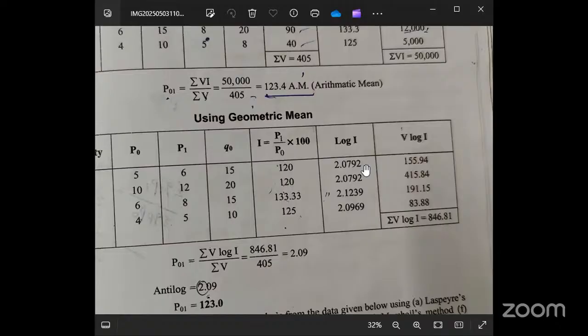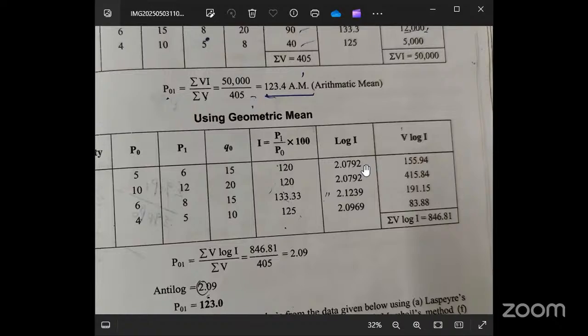So when we multiply 75 into 2.0792, we get 155.94. Similarly, 2.079 into the second value, 200. So it is 415.84.